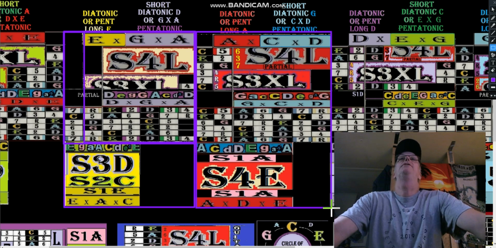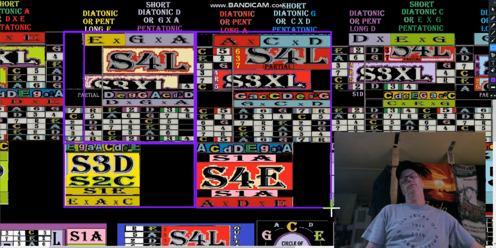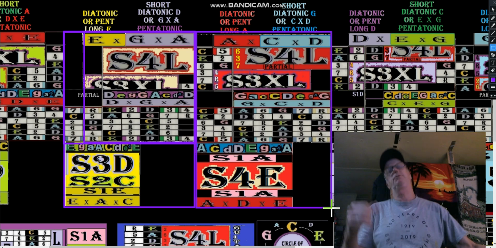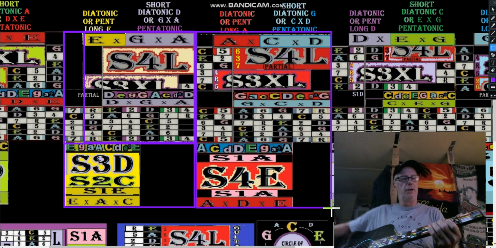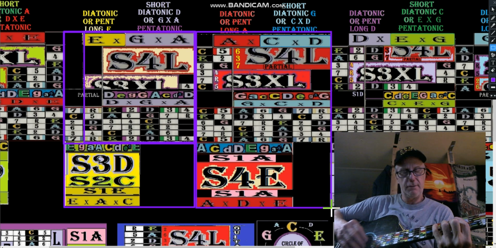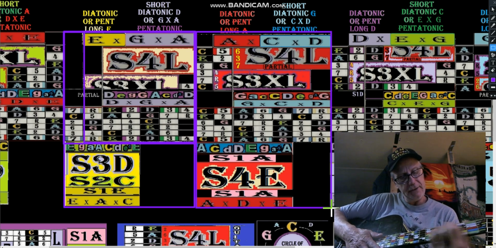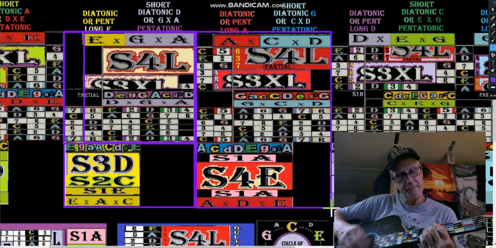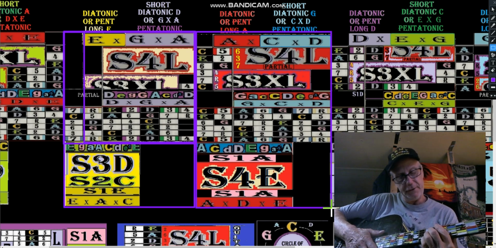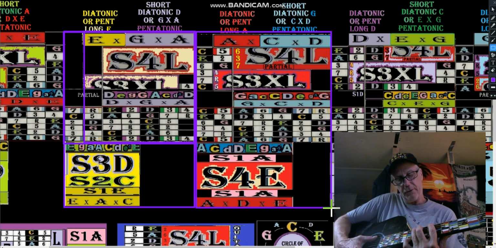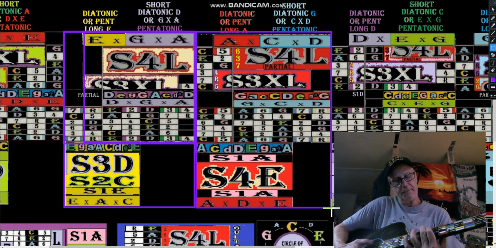That's important to know. Why is that important to know? Let's look at the relationship between the short patterns. We have the C shape, and then we have the A shape C up here. But if we go to the G shape C up here, so let's just look at the box.